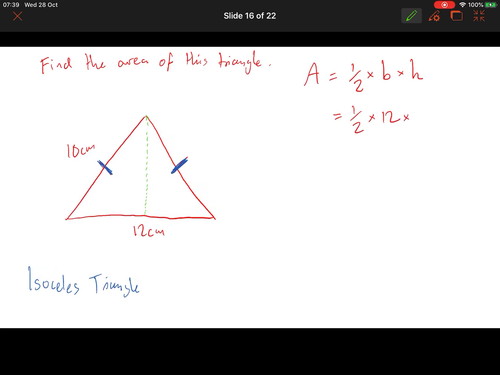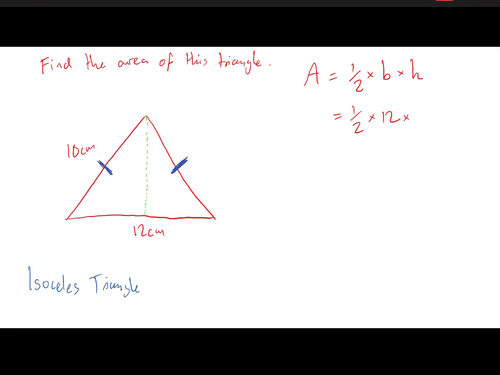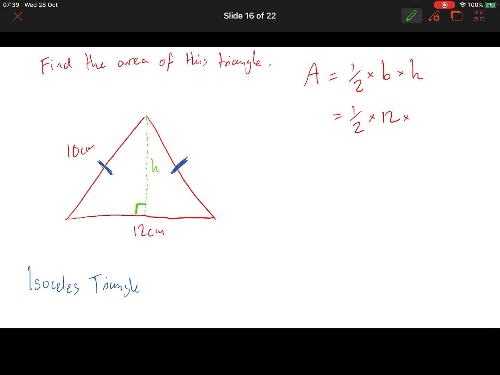Now, because this is an isosceles triangle, what I know is that the height, h, will cut right down the middle. And so what I must have here is a right-angled triangle. And I must know that this side of it is 6 centimetres from here to here.